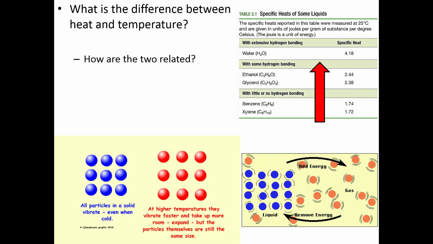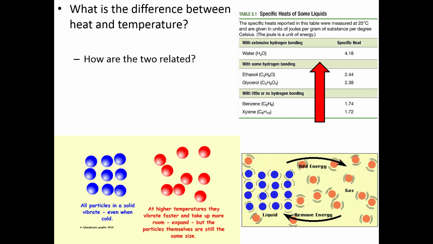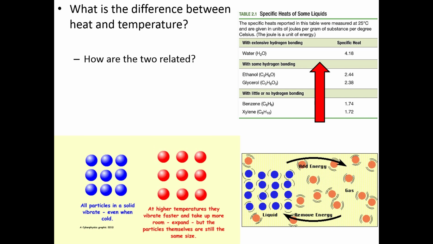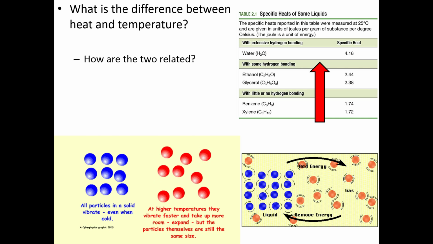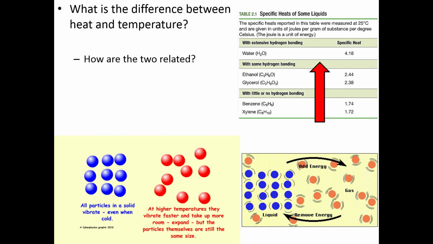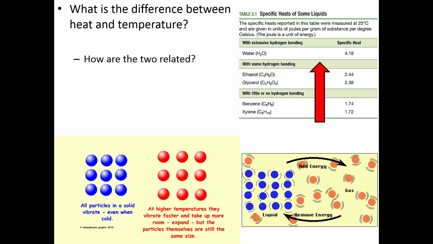And as those water molecules are being broken from one another, they're going to transition into a gaseous state. The molecules begin to spread out even further away from one another. They're no longer colliding with one another because they're no longer contained in such a small space.